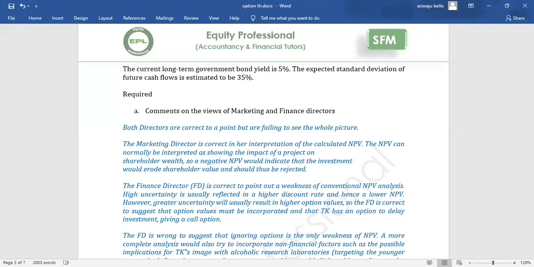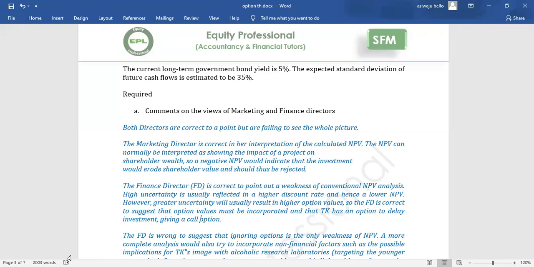However, the finance director is wrong to suggest that ignoring option is the only weakness of NPV. A more complete analysis would also try to incorporate what we are trying to say here: when evaluating capital projects, we don't consider only the financial viability.